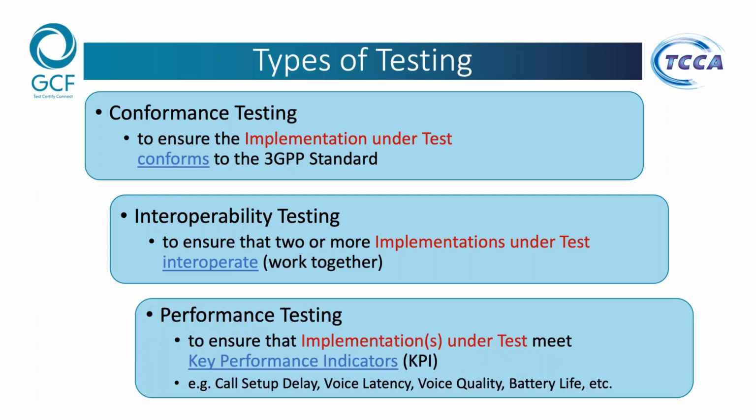And we will come back to conformance testing and interoperability testing later. We also have a third kind of testing, the so-called performance testing. Performance testing ensures that implementations under test meet certain key performance indicators, so-called KPIs. This could be, for example, the call setup delay, the voice latency, the voice quality, or the battery lifetime of your device.